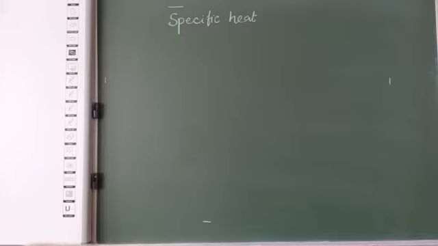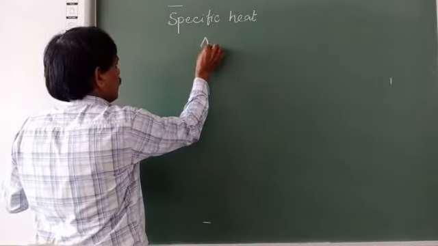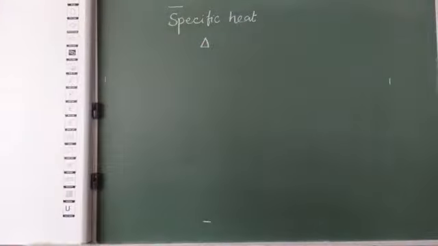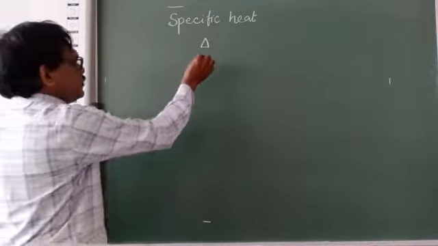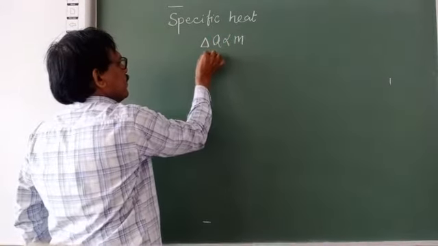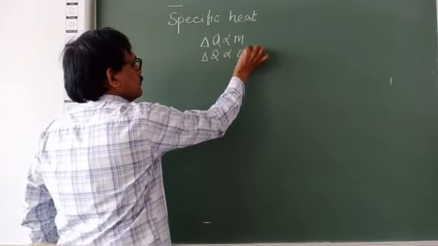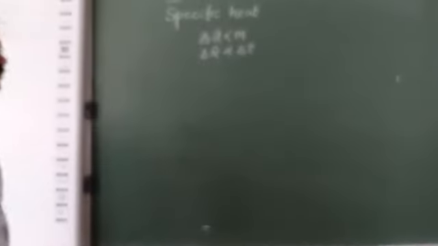So, delta Q, the amount of heat given to a substance, depends upon two factors. Delta Q is directly proportional to mass, and it is directly proportional to delta T, the rise in temperature.